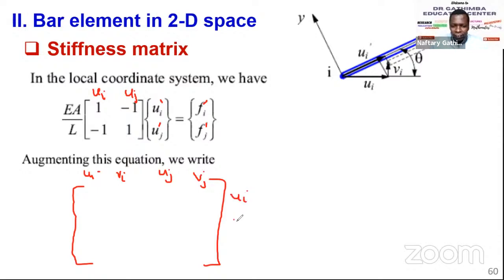Remember, I said you use a pencil in faint form because they are just guides. So I'm just going to expand this stiffness matrix, which is 1, 1, minus 1, 1. The V's are zeros. This is what I'm talking about, augmenting.